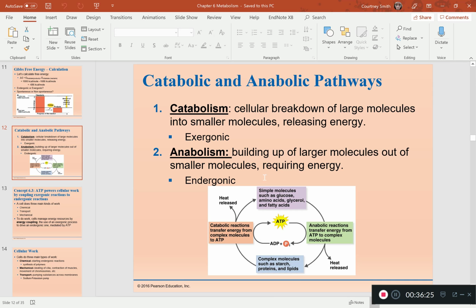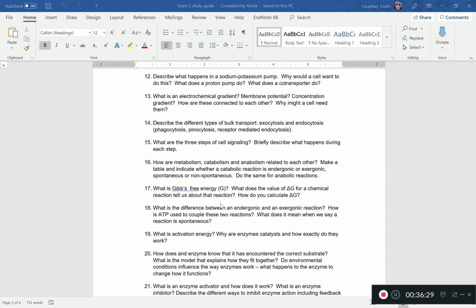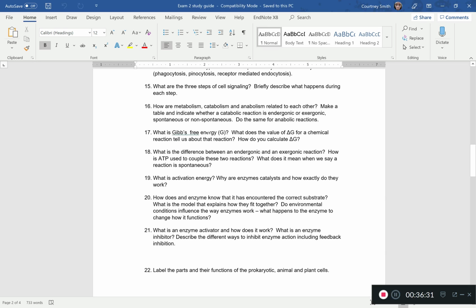Next question, number 17, I believe. Yeah, number 17 asks, what is Gibbs free energy? So be able to explain to me what Gibbs free energy is. The big thing about Gibbs is it can be defined as the usable amount of energy that is available to do work.